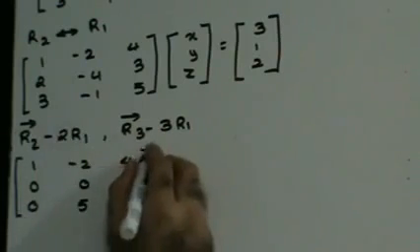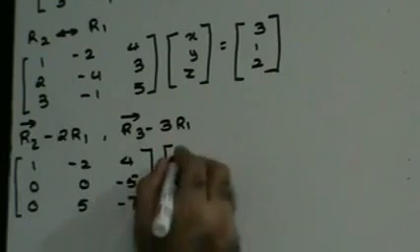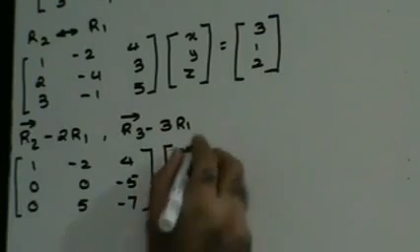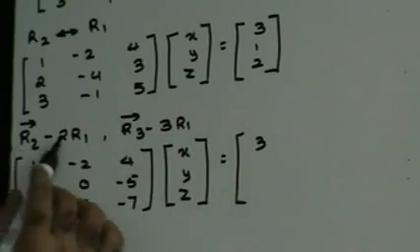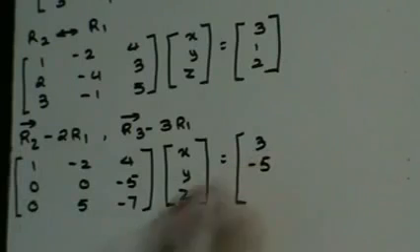So in which case you will get x, y, z equals 3. Now R2 minus 2 R1. R2 is 1 minus 6 minus 5.